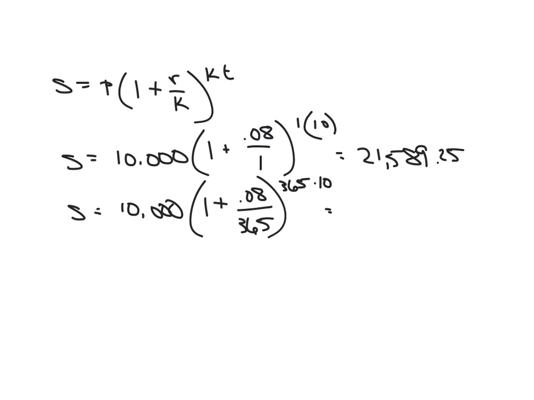And that gives us... okay, so not a ton of difference on compounded daily compared to compounded annually. But then for C, they just want you to take the difference of that to find out how much more you're going to be compounding daily.